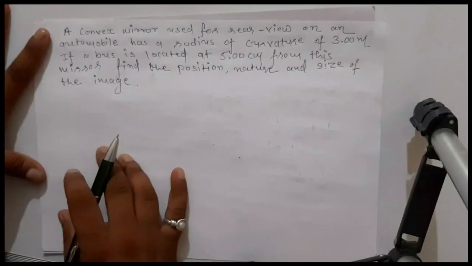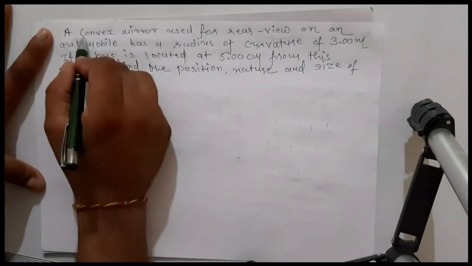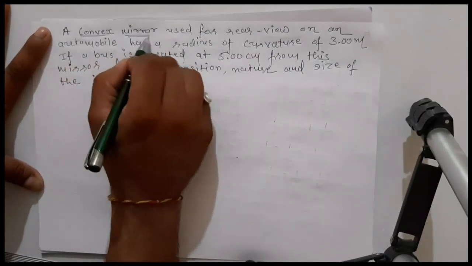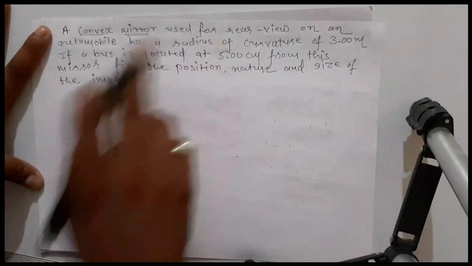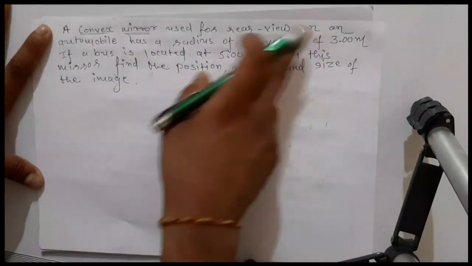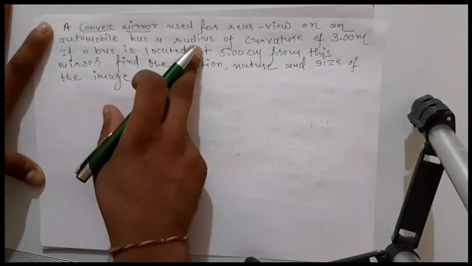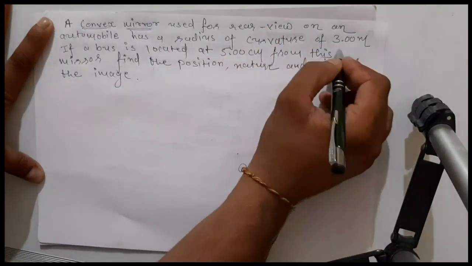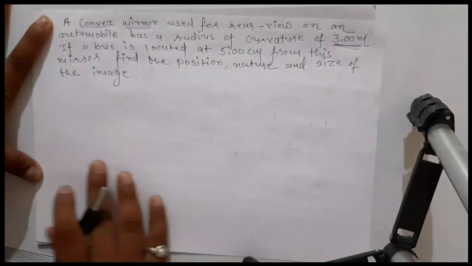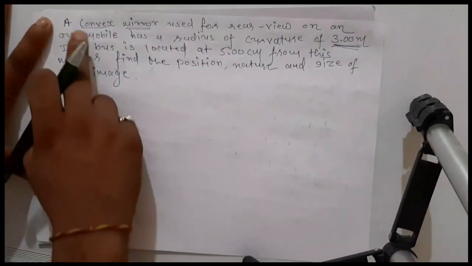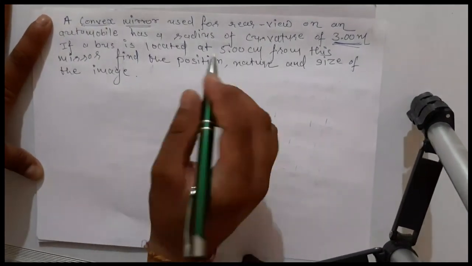Let's calculate this sum. A convex mirror used for the rear view of an automobile has a radius of curvature of 3 meter. So the radius of curvature is given and we have a convex mirror.